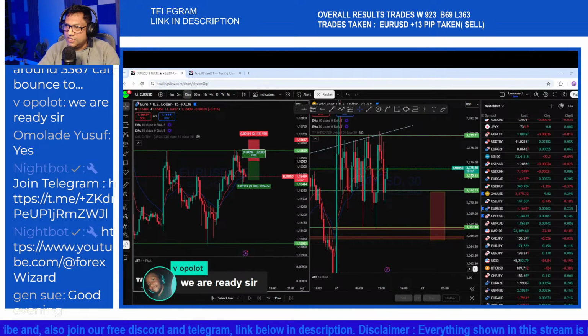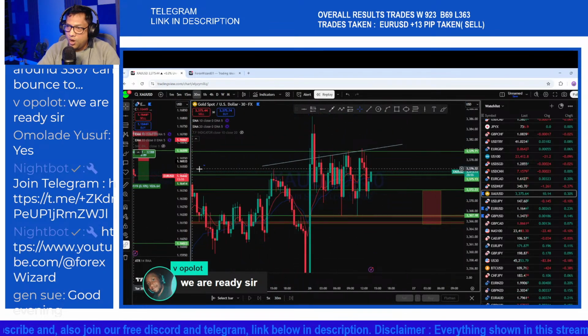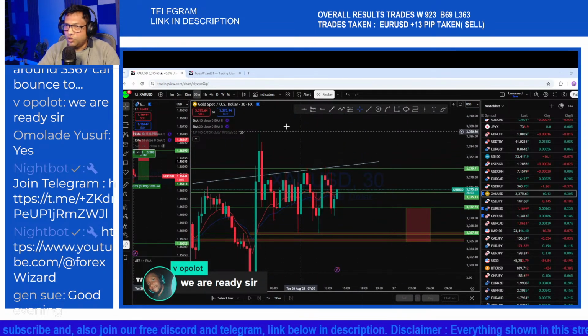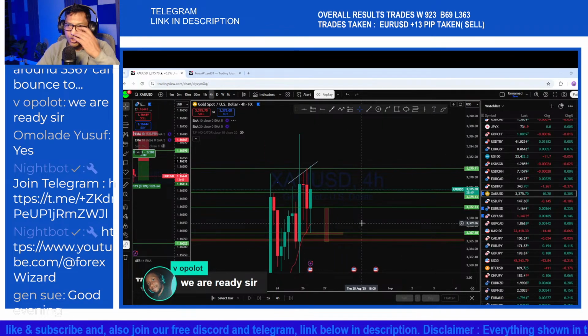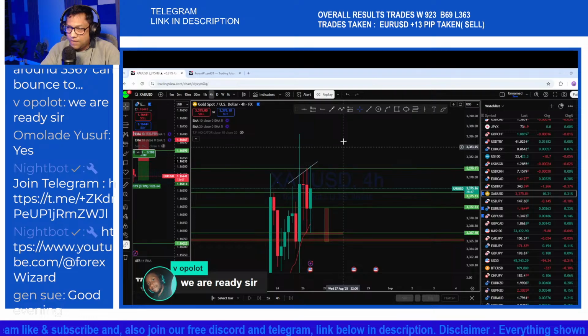Now, what you can see here on gold, in the same way, before the 4-hour close, the price is trying to push back to the upside here.